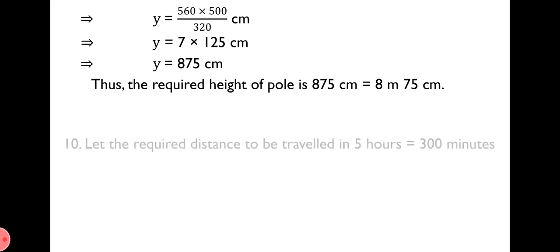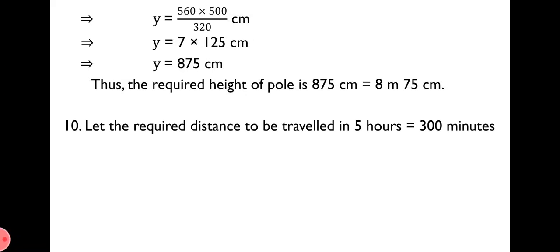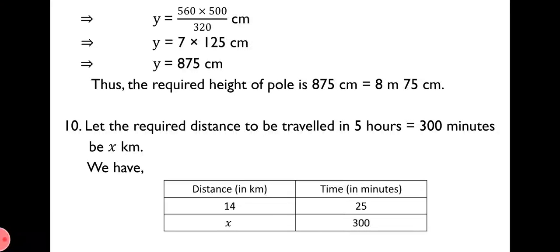Therefore, for solution of question number 10, let the required distance to be traveled in 5 hours, that is 300 minutes, be x kilometer. We have distance in kilometer and time in minutes. So when the distance travelled by the truck is 14 kilometer, the time taken by the truck is 25 minutes.